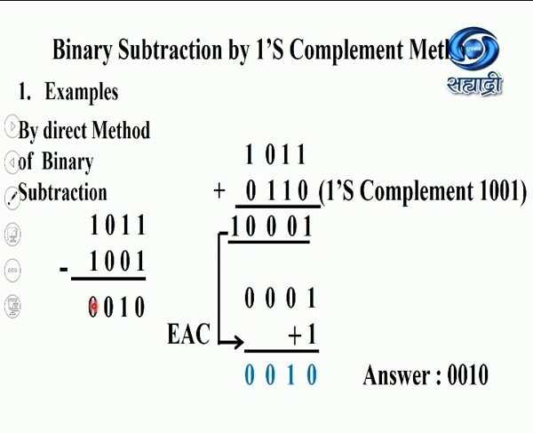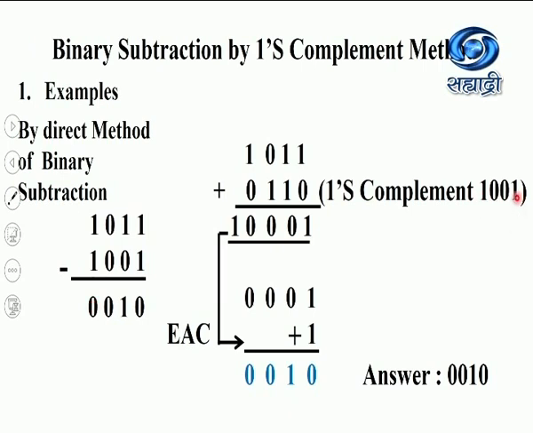Okay, now let us see how to subtract these two numbers using the ones complement method. As we have seen in the earlier slide, the first number is 1011, the second number is 1001.